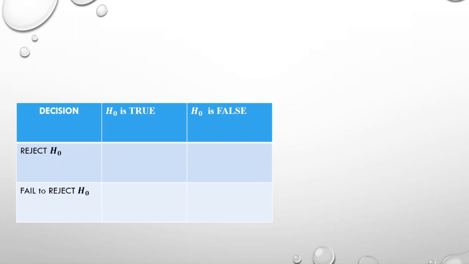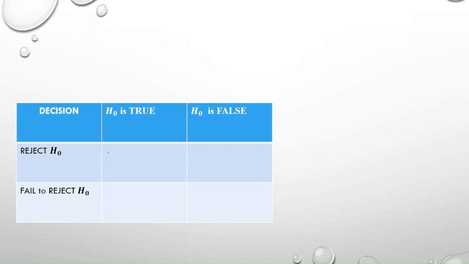But if H0 is true and we are rejecting it, then certainly an error arises. Similarly, if we accept our H0 and H0 is false, then again it will create an error. And if we accept the H0 and H0 is true, then obviously there will be no error and it would be our correct decision.